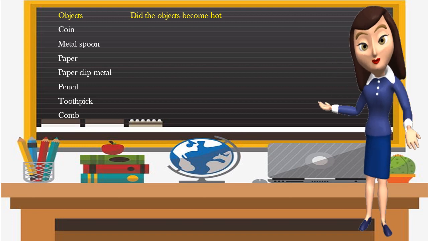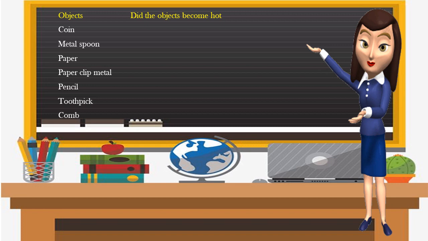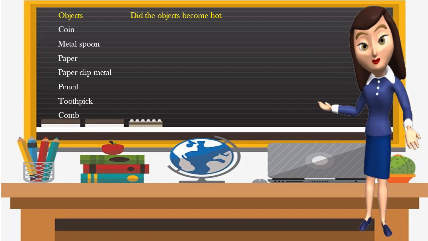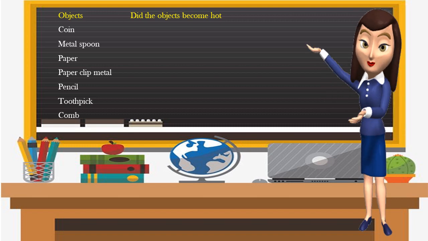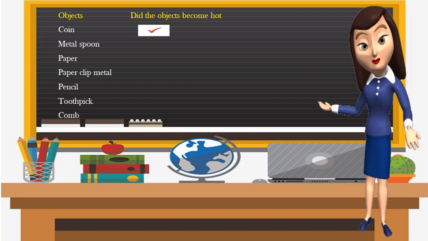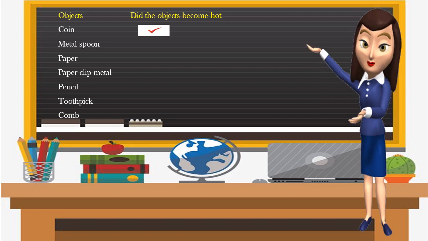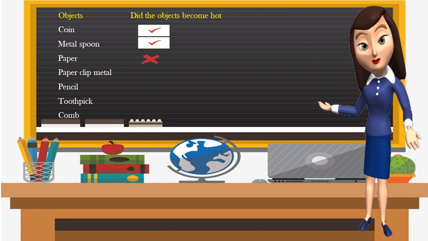Now, let us check kung magkapareho tayo ng observation sa nagawa nating experiment. Did the coin become hot? Check. How about metal? Check. Paper? X. Paper clip, metal?